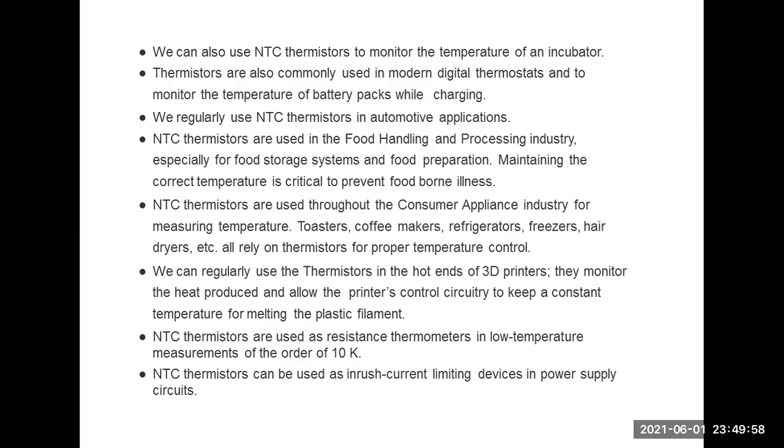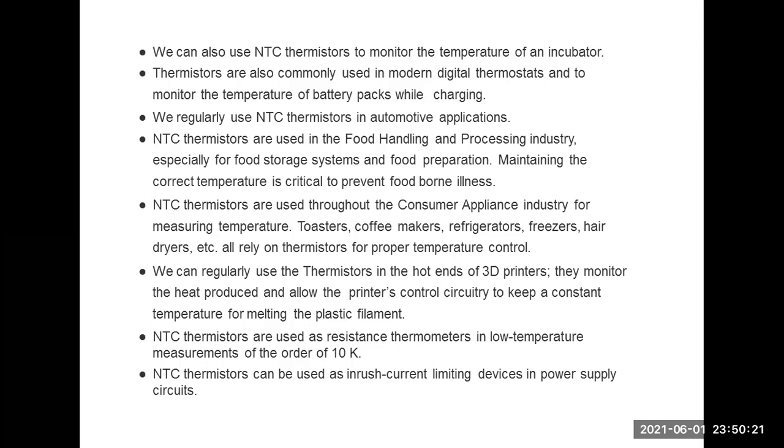Like this, you will have various applications of thermistors, and negative temperature coefficient thermistors can also be utilized to control the temperature of an incubator. You can understand what an incubator is all about. So for incubators also, you take the help of negative temperature coefficient thermistors.